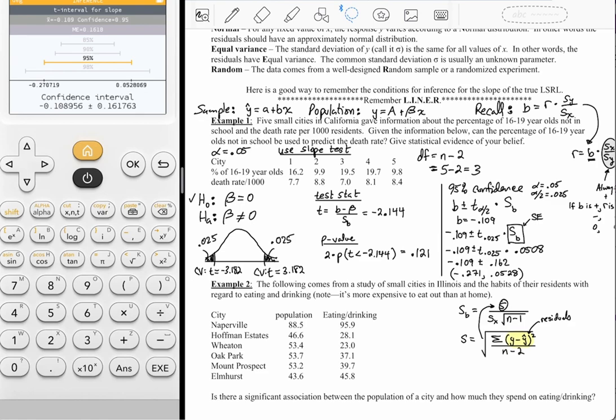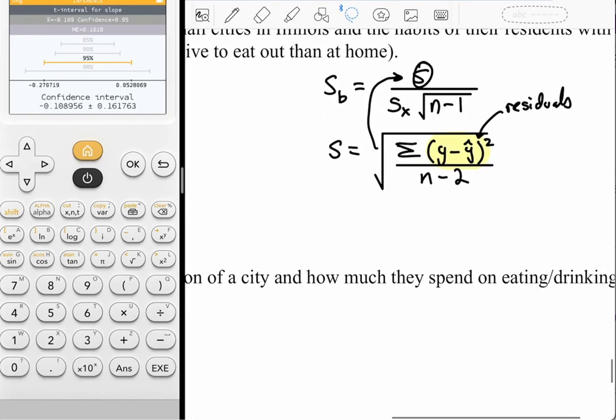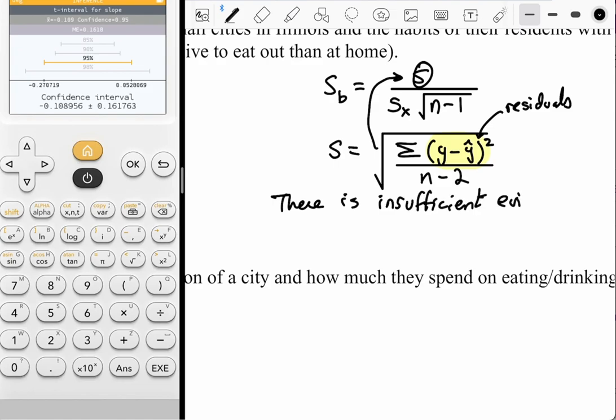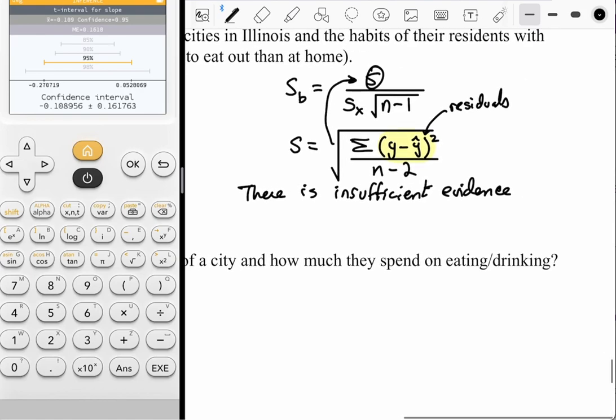I don't know. Right? So in this case, I would say there is insufficient evidence to reject the claim that the slope between those two variables, I would state the variables, is 0 at the 0.05 significance level, and then I would answer the question that was posed. All right. So there is insufficient evidence to reject the claim that the population slope.